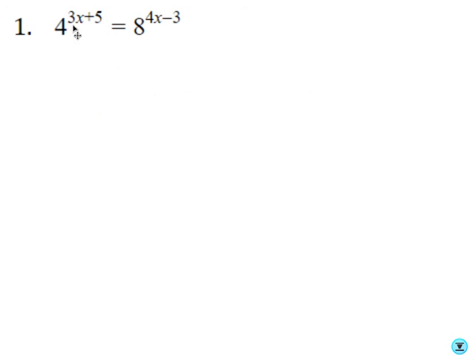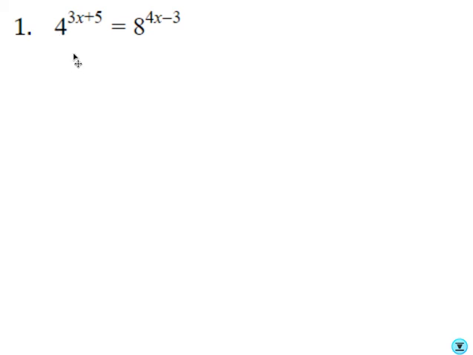4 to the power of 3x plus 5 is equal to 8 to the power of 4x minus 3. Now notice these bases are very similar, and you might be thinking, oh, well, if we can just multiply 4 by 2, we can get 8, and then our powers can be the same. That's not how powers and exponentials work.